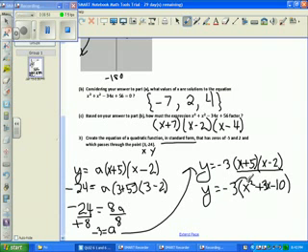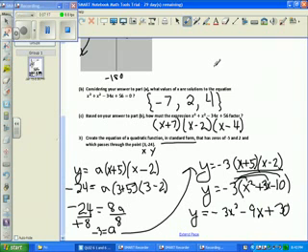And now we're going to distribute the negative 3 inside the parentheses to get a final answer in standard form. So y is equal to negative 3 x squared, and a negative 3 times positive 3x is a negative 9x. And finally, a negative 3 times a negative 10 makes a positive 30.